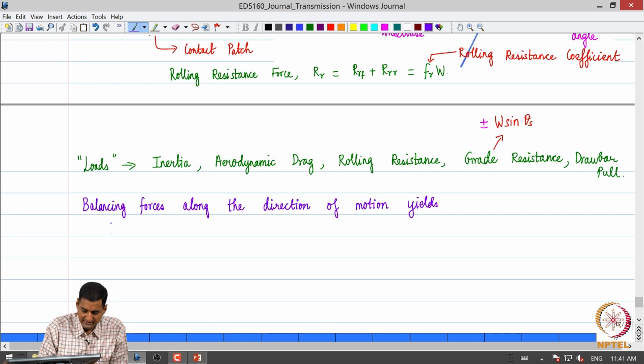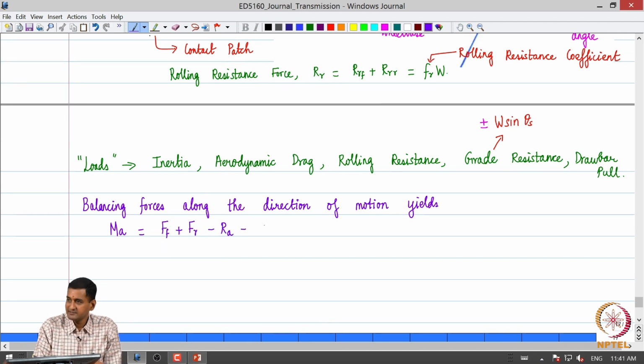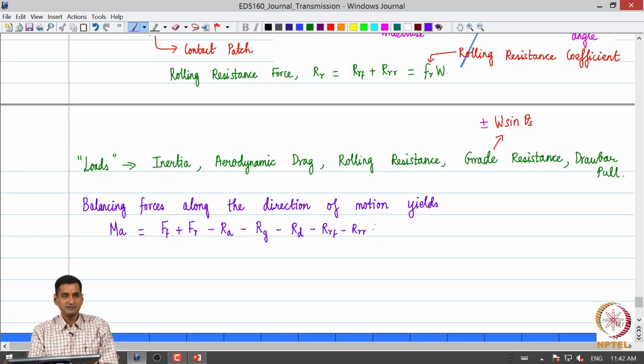So, we have m times A equal to FF plus FR minus aerodynamic drag, RA, minus the grade resistance R subscript G, minus the drawbar pull, minus the rolling resistance at the front wheel and the rear wheel respectively, okay.